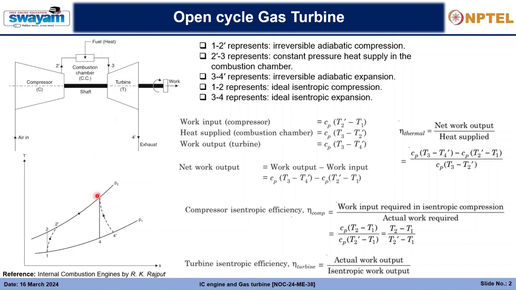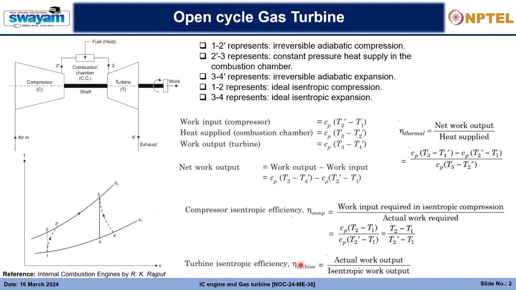So 3 to 4 is basically the isentropic work output, which is the maximum work that we can derive from the system, but we cannot derive it because of the irreversible effect of the adiabatic process, and we are left with the actual work output, which is quite less, that is 3 to 4 dash.